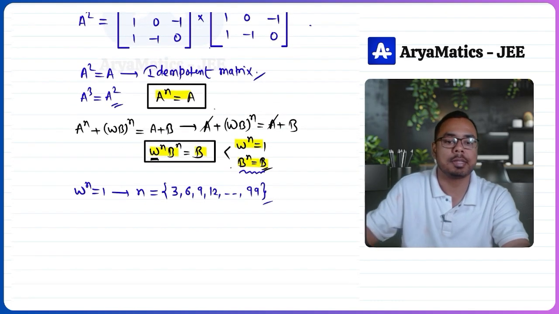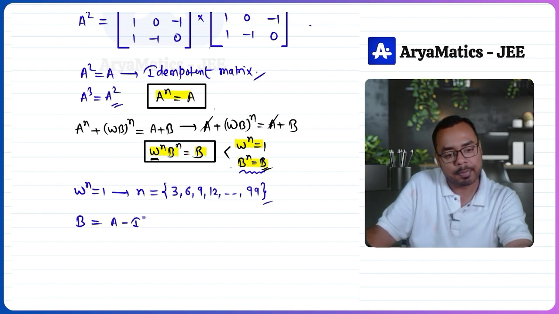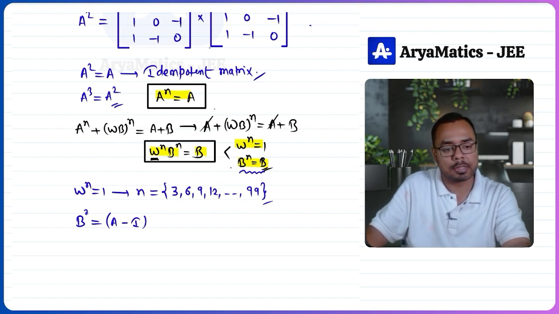For that, it is given that matrix B is A minus I. So let us calculate B square first. If this is matrix B, B square will be (A minus I) square.